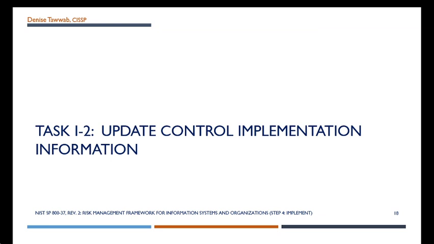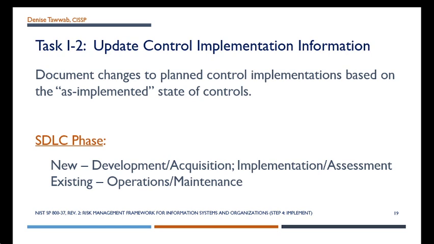Okay, in the update control implementation information task, you document changes to planned control implementations based on the as-implemented state of controls.